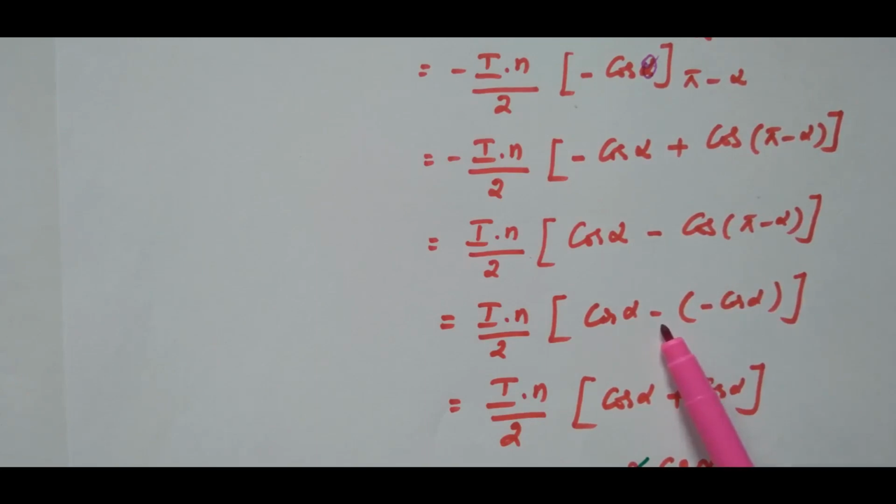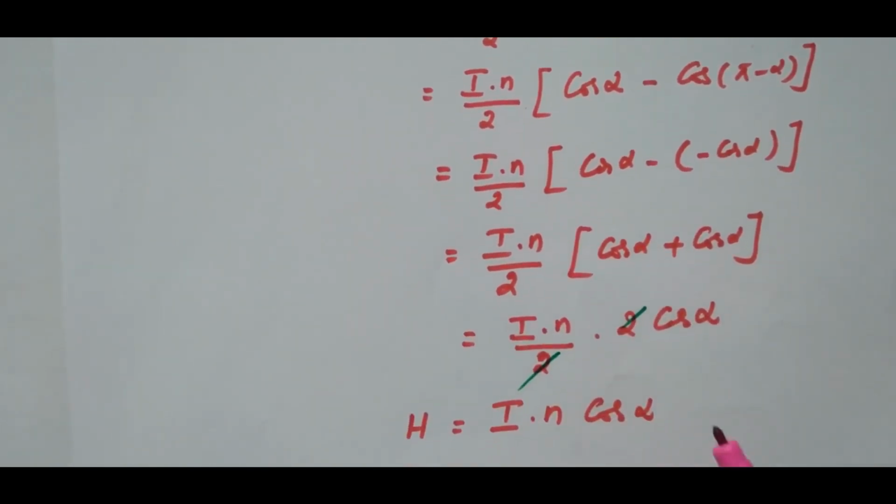Already here one minus is there, here also minus is there, so it becomes plus. So I n divided by 2 into cos alpha plus cos alpha, that is nothing but I n divided by 2 into 2 cos alpha. So 2 got cancelled. I into n into cos alpha, right? So the magnetic field intensity at the center of the solenoid is I into n cos alpha.